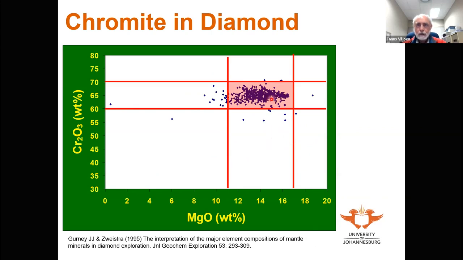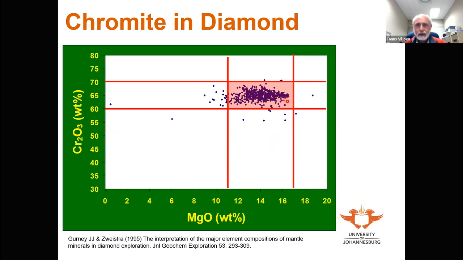And again, this forms a prospecting tool because you see an abundance of chromites in diamonds, and those diamonds are peridotitic diamonds because this is a peridotitic mineral, because it has this high chrome content and this high magnesium content.